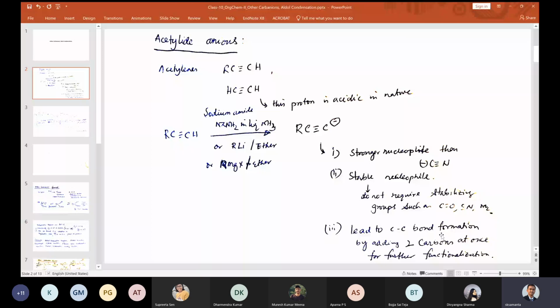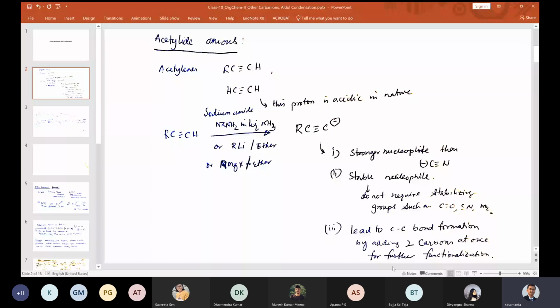What I mean is, if this anion reacts with a carbonyl compound, you can add two carbons at a time, or if the R group is larger, you can add more carbons at a time. But two carbons in the sense that you have the alkyne functional group having two carbons to be added, which can be further functionalized.